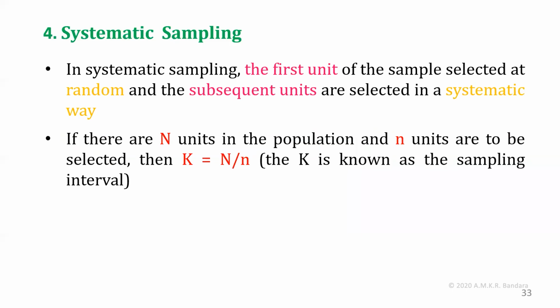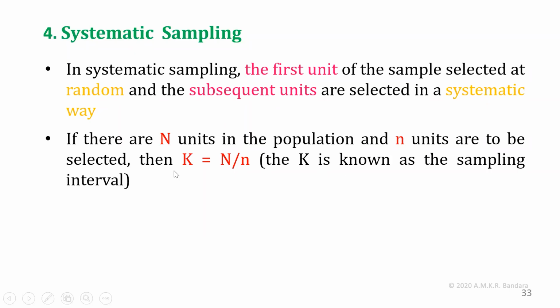Here, if there are N number of units in the population, and N may be 1,000, 200,000 or 5 million, any number, this is the population size. And n units are to be selected. Assume we want to select out of 550 units or out of 200,000, 10 or 100 units are to be selected.